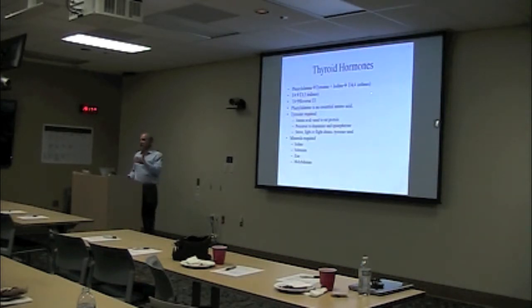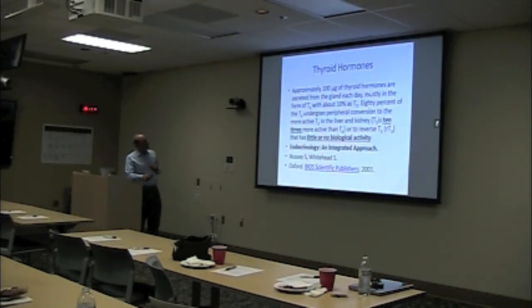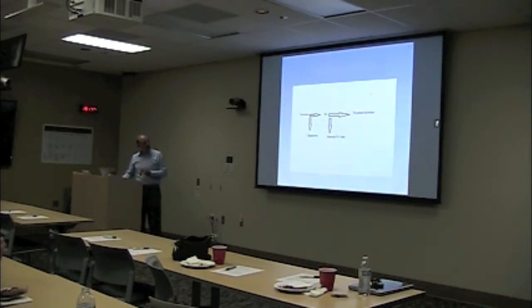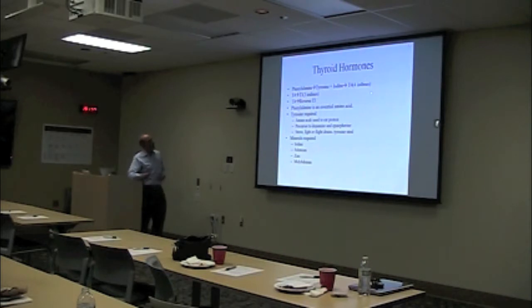So, okay, let's look at thyroid hormones. Where does thyroid come from? So, we start at the top. Thyroid comes from the originating amino acid. This is critical. It's an amino acid. It's phenylalanine.